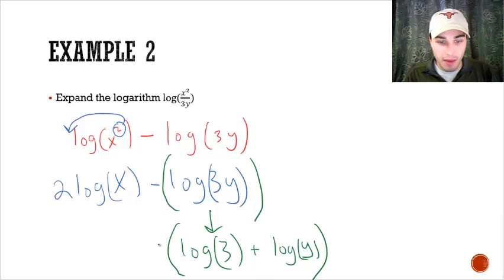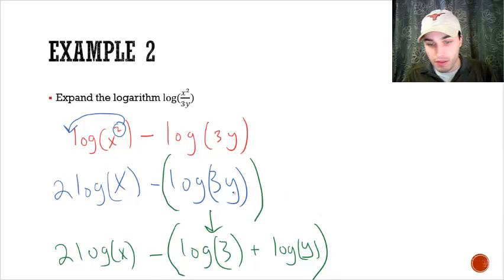Now I still have the minus sign out here, and I still have the 2 log x right here. But now here's the thing. I have a minus sign in front of all of this mess here. I would have to distribute that. So even though this is a plus sign, because that's a product splits to a plus, this is happening after that, the minus sign is going to distribute on over, and both of these will become minus.